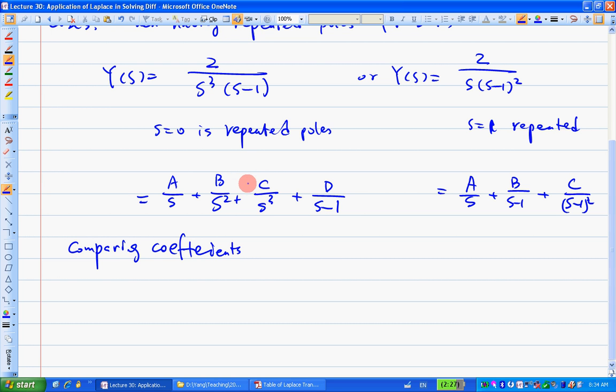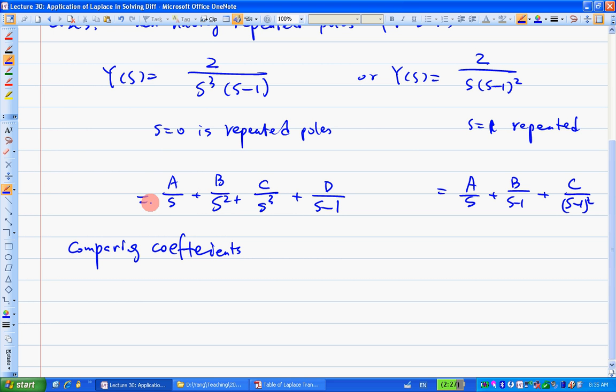I'll give you the formula, but in general what I want you to do is just compare coefficients. That should be enough. So let's say, for example, solving this one here, roughly comparing coefficients.